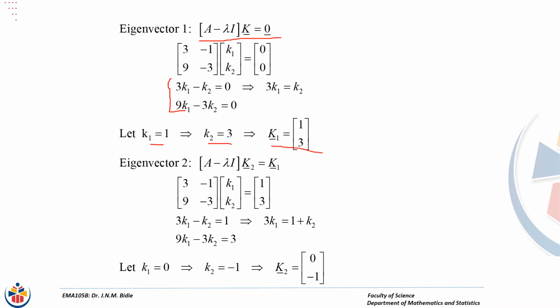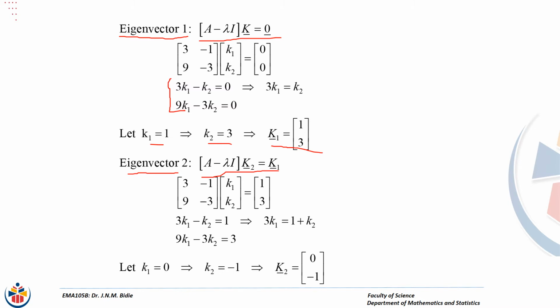Note that I said it's the first eigenvector because this is a 2 by 2 matrix, so we have to have two eigenvectors. Now, how do we get the second eigenvector? The formula changes slightly. We're still going to have the matrix A minus lambda I multiplying the eigenvector, which is K2 in this case, but we are not going to equate it to a zero vector.